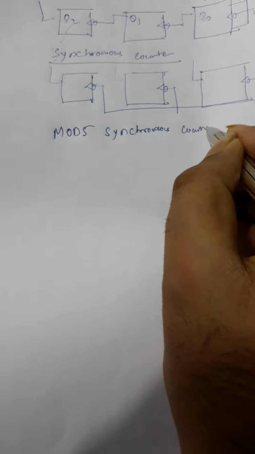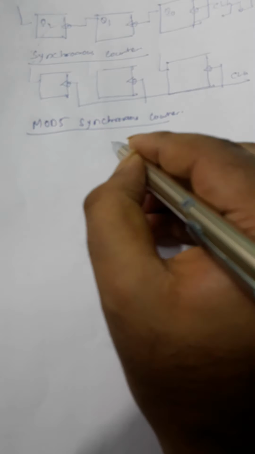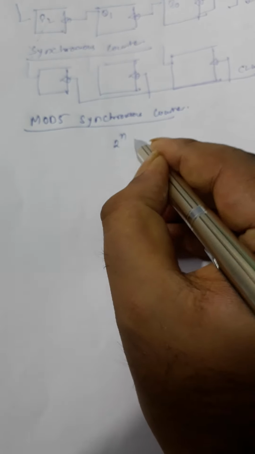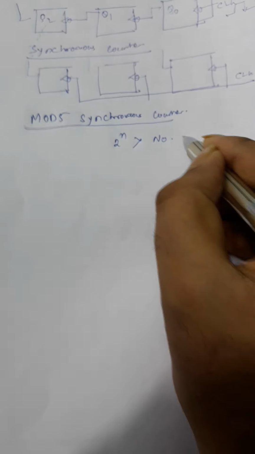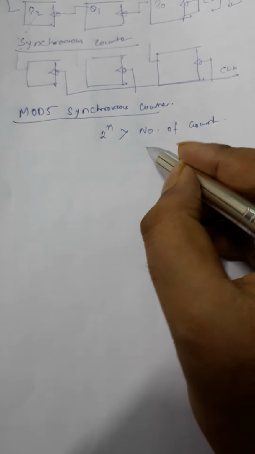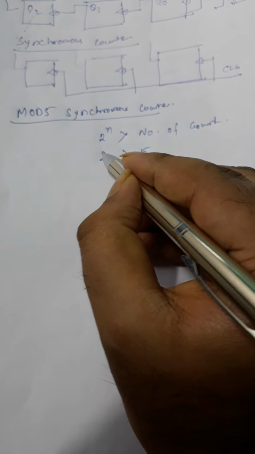Now can you recall how to get the number of flip-flops required for a particular counter? What was the formula? Yes, the formula was that 2 to the power n should be greater than or equal to the number of counts. Now we are designing a mod 5 counter, so the n should be what?